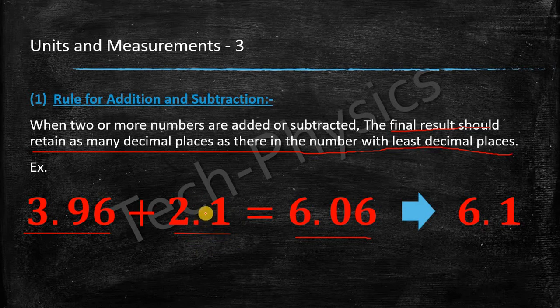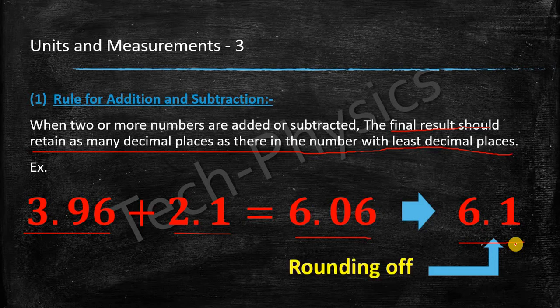So 6.1 will have the same number of decimal places as 2.1. There was only one decimal place, the decimal was after one digit only, so here also the decimal will be after one digit from the right. This happened because of the rule, or you can say process, called rounding off, which we'll see in the later part of this video.